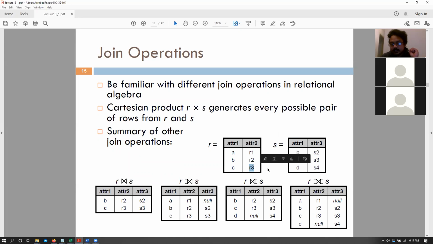For C, we have R3, and for C here, we have S3. Those are the rows that will be there in your natural join. A will not be there because S does not have an entry for A. D will not be there because D is not there in the R table, right? Does that make sense? The natural join bit?